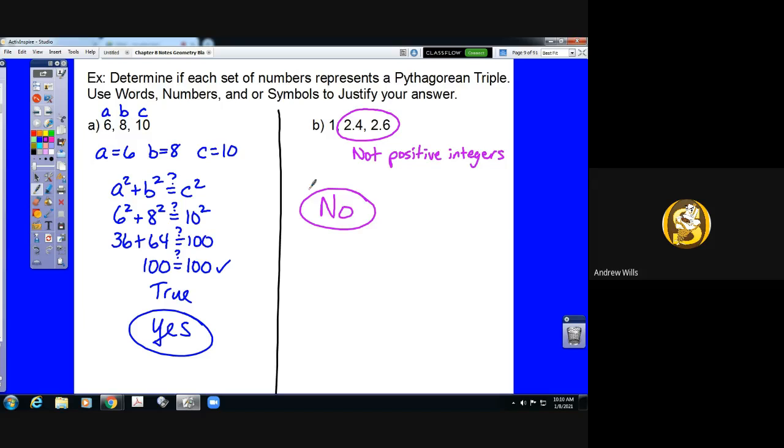If you check the Pythagorean theorem here, this is a trick question, because guess what happens when you check it? Actually, I guess it does 6.76, not 6.25. See, the Pythagorean theorem works.